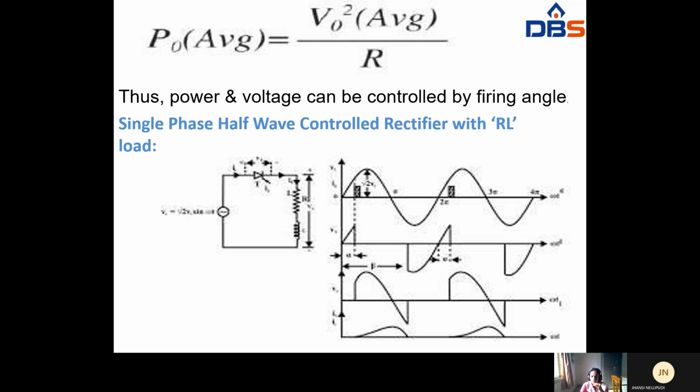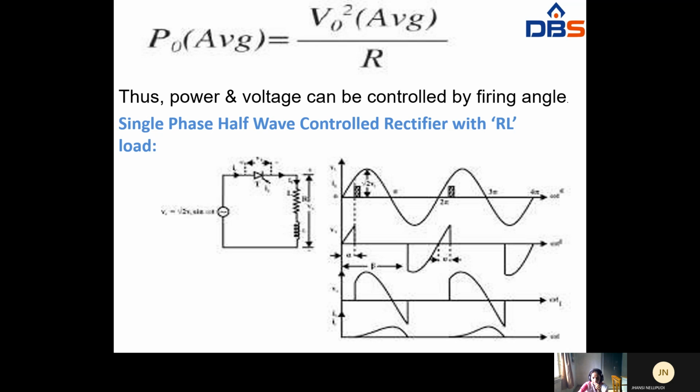Why? Because it is commutating. So due to the inductor it will commutate. So here, due to commutation of the inductor, the voltage in the negative cycle will be there. Okay, and at some angle it will come to 0.